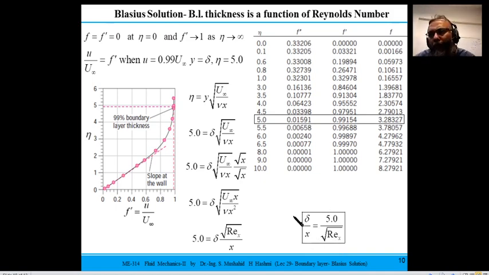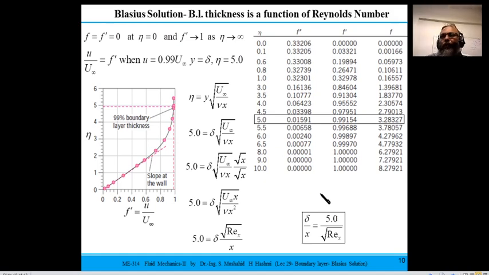And if you look back at your previous lecture on order analysis, what we have done in the order analysis is that delta over x is some function of 1 over square root of that Reynolds number. So even without solving the governing equation, I can find out the relationship between the boundary layer thickness and Reynolds number. But that was just a relationship.